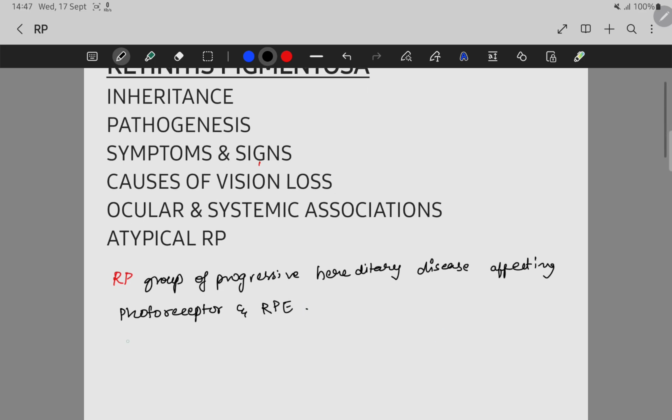Here the photoreceptors are rods and cones, and rods are affected more than cones.